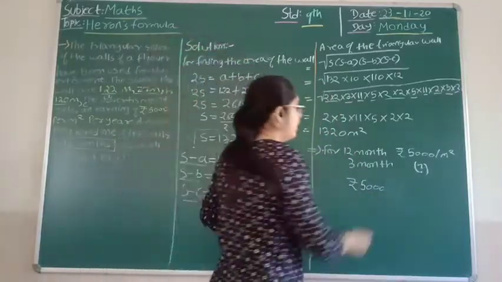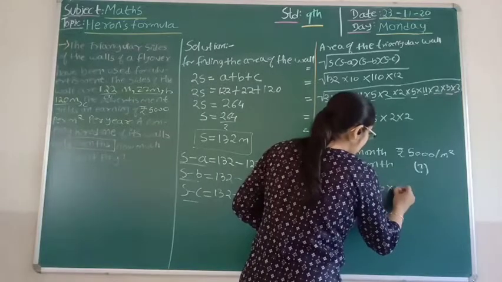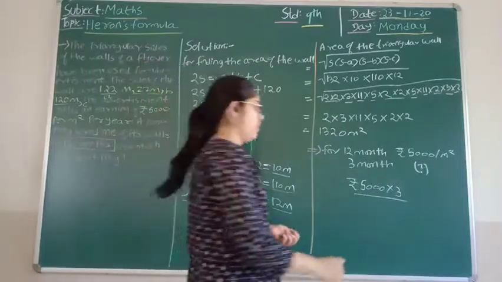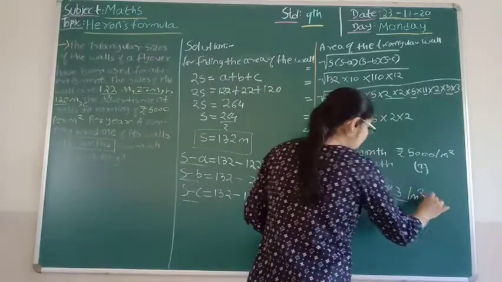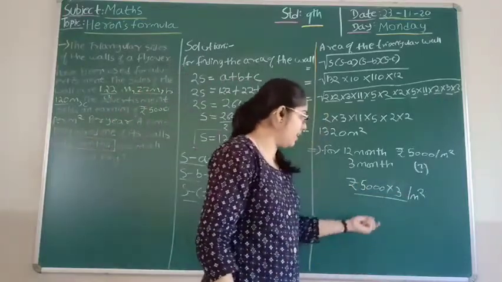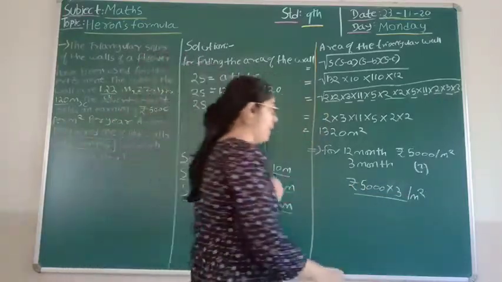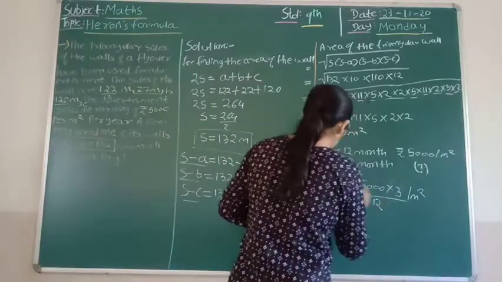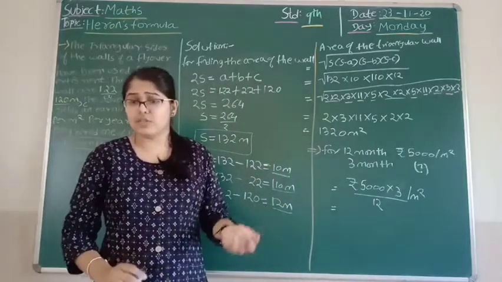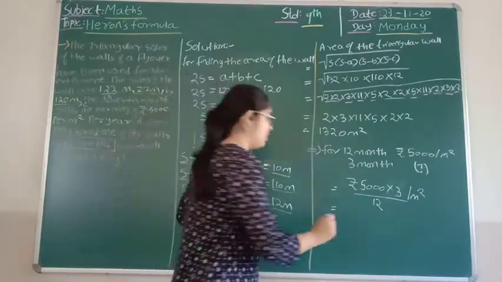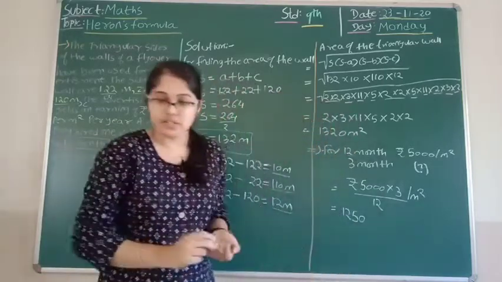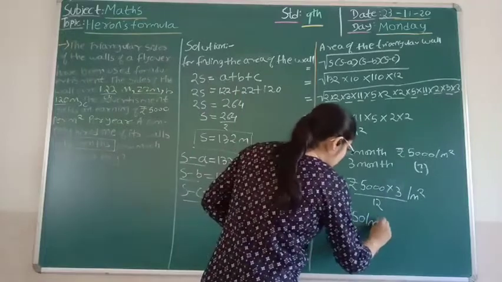That is equal to 3 months, dividing the whole of this by 12, and basically even for 3 months you are going to get this value per meter square. What am I going to get? The final answer for this will be 1,250 per meter square.